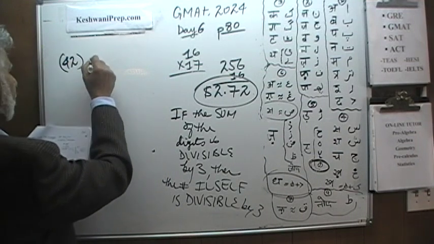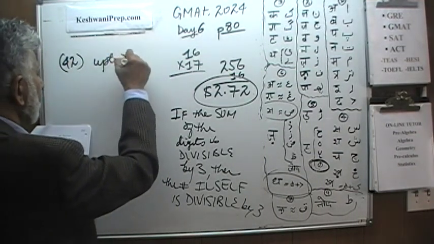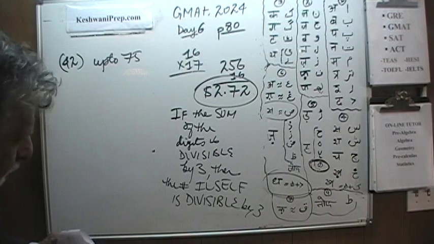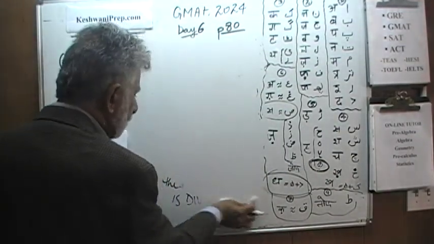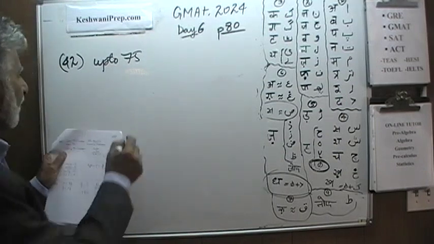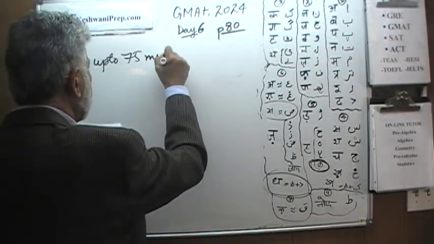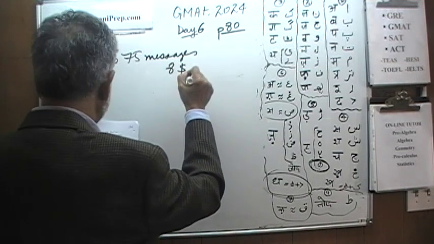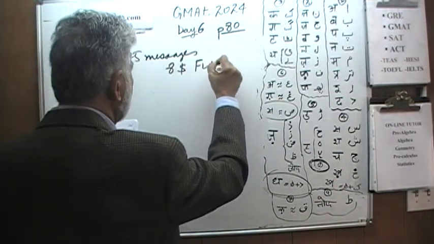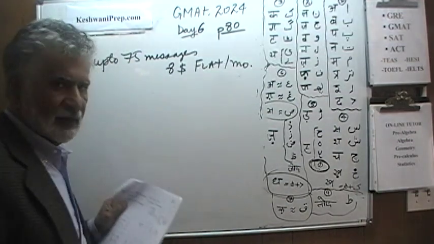Number 42 is a very straightforward question. We are told that up to 75 messages, our phone company is going to charge us $8 flat per month. That's our phone plan.